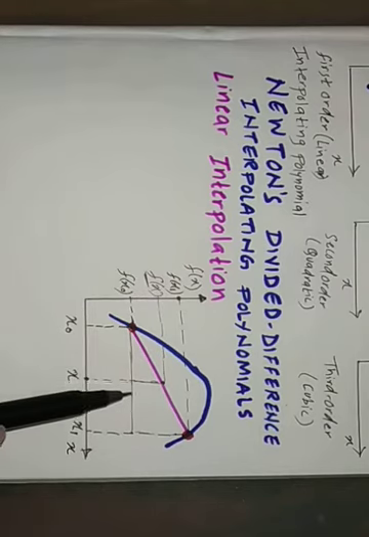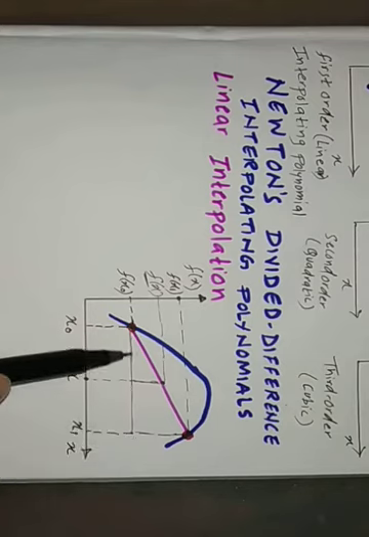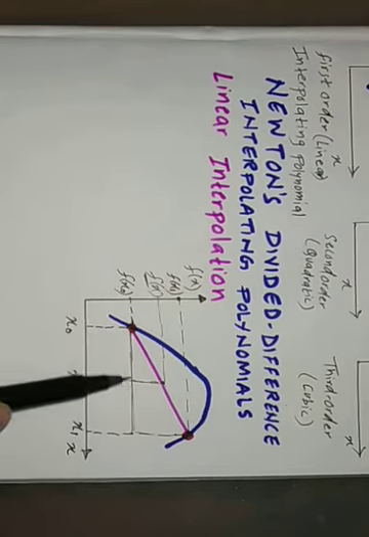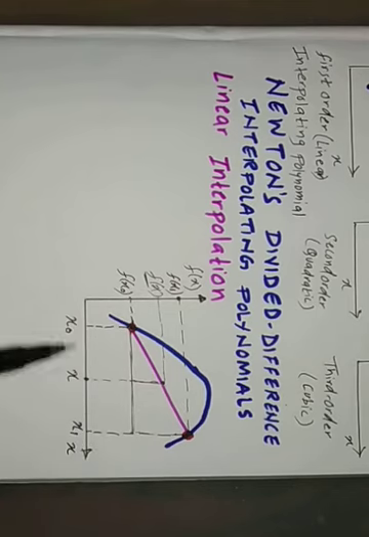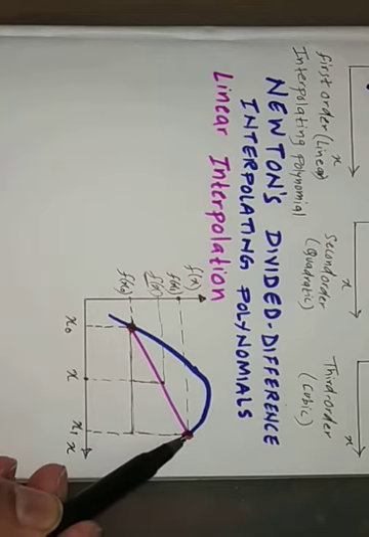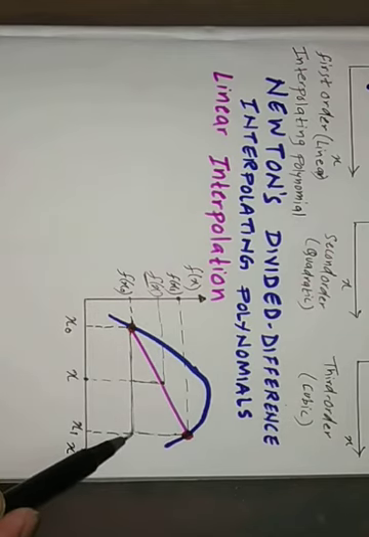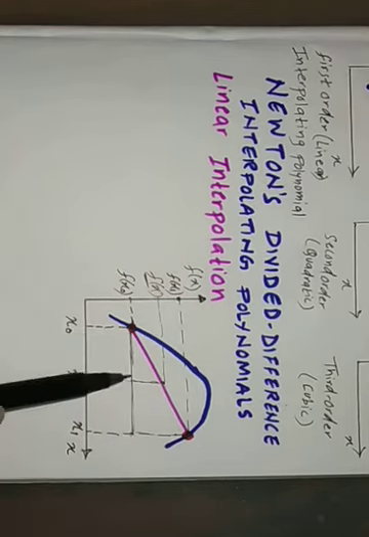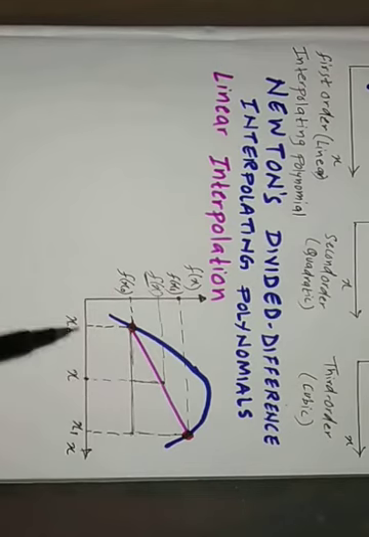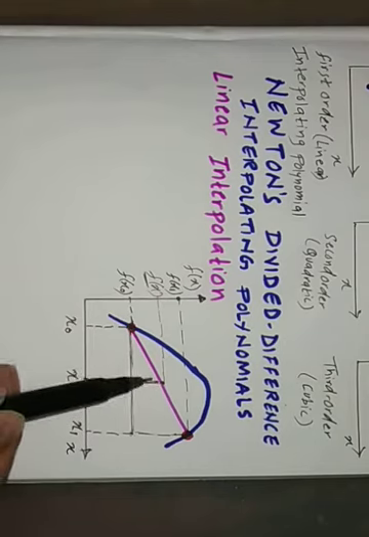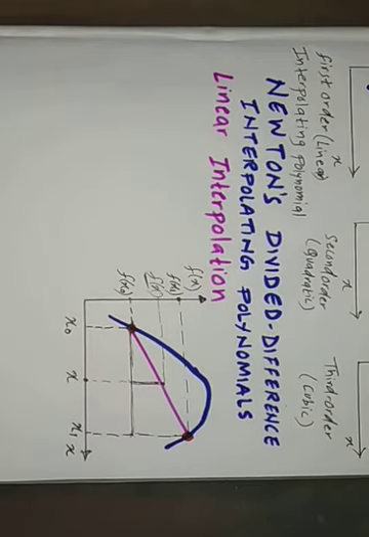If you look carefully, there are 2 triangles. One larger triangle with base x1 minus x0, and height f of x1 minus f of x0, and a smaller triangle with base x minus x0 and height f of x minus f of x0.